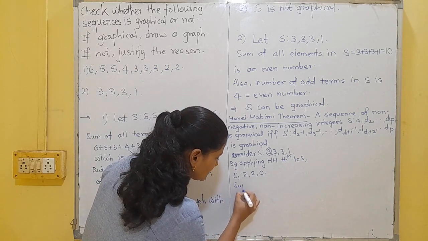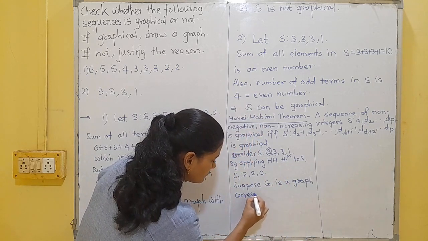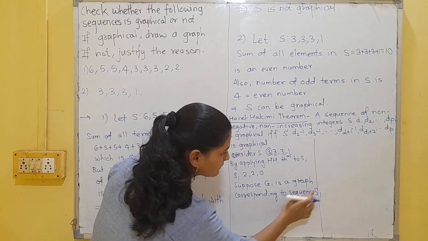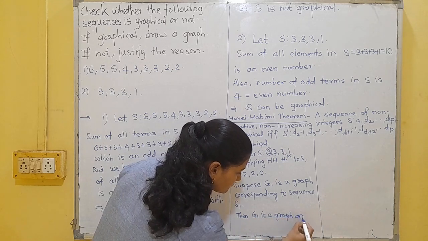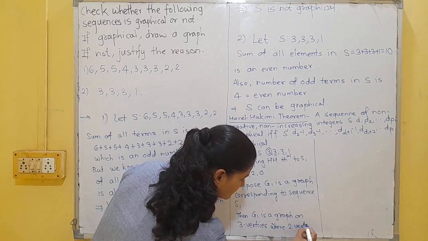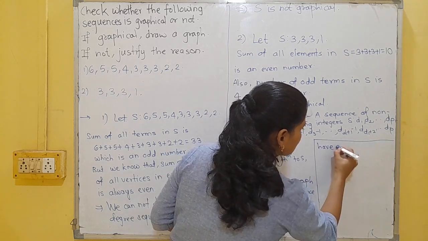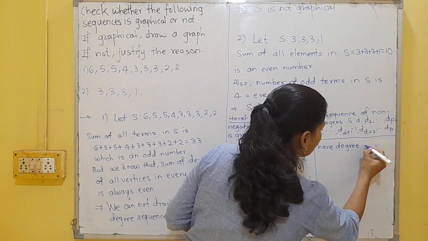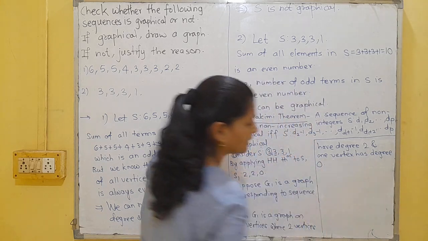So I am writing here, suppose G1 is a graph corresponding to sequence S1, then G1 is a graph on 3 vertices where 2 vertices have degree 2 and 1 vertex has degree 0, and it is not possible.